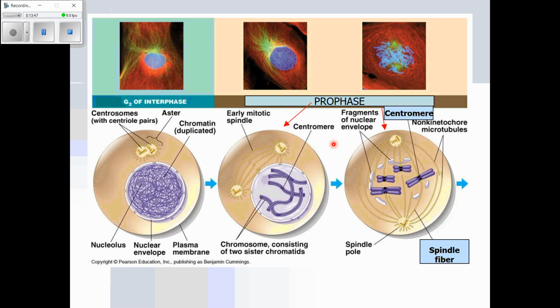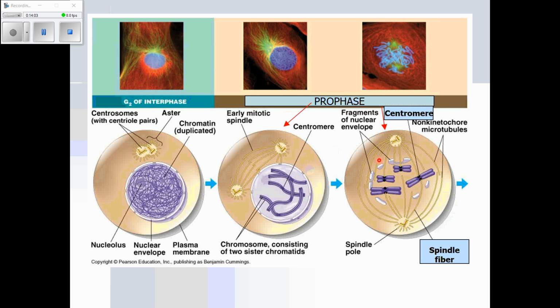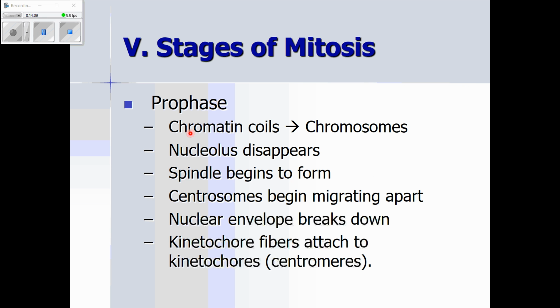And there's a lot happening during prophase. So I made a little list, and as you take notes, make sure you write down what happens during each phase. That's going to be really important, that you keep up with what happens during each phase, and also that you recognize what the cell looks like during each phase. So in prophase, the chromatin coils up or condenses to form chromosomes.